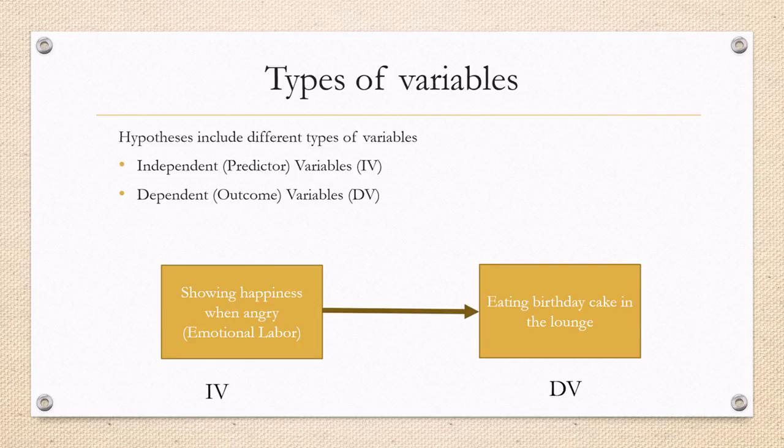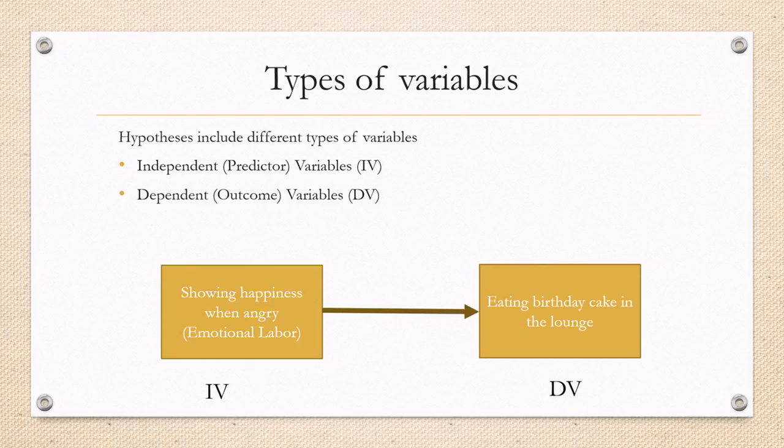The DV, however, in this case, eating birthday cake, does have a value dependent upon the independent value. It changes when the independent variable level changes.